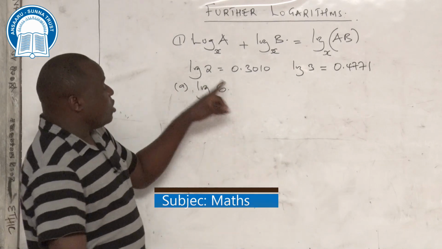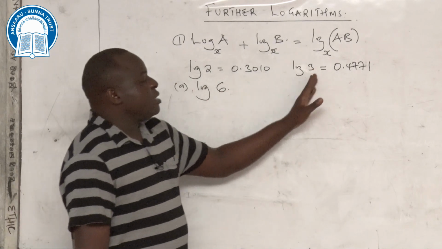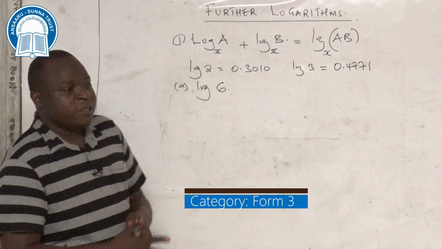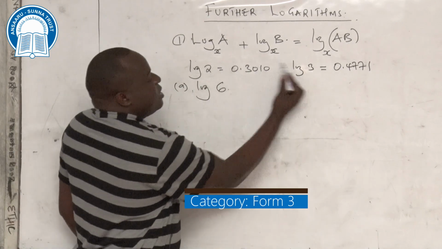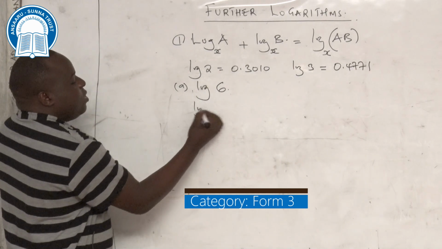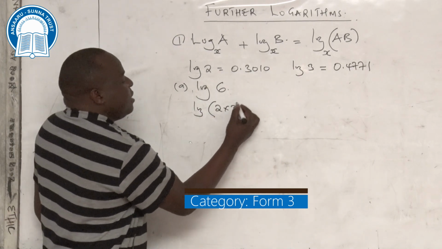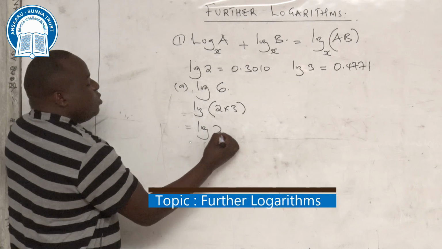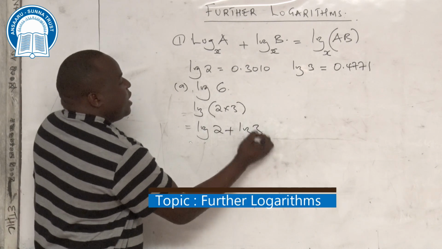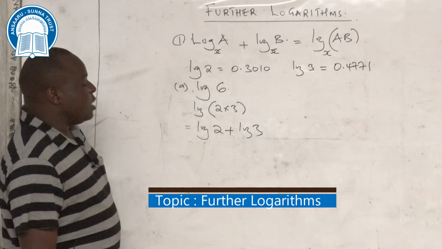So I repeat my question, given that log 2 equals this, log 3 equals this, find log 6. Then this is what I'll do. I'll write log 6 in terms of 2 and 3, which is the same as log into brackets 2 times 3. Which is the same as log 2 plus log 3, according to this law there.